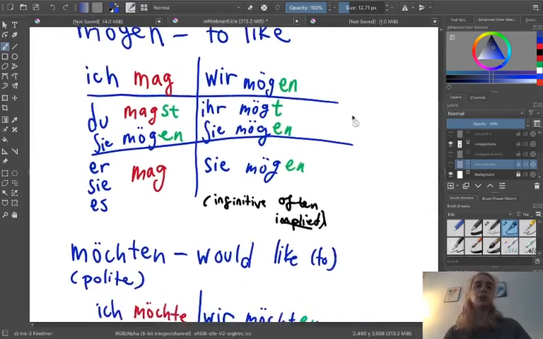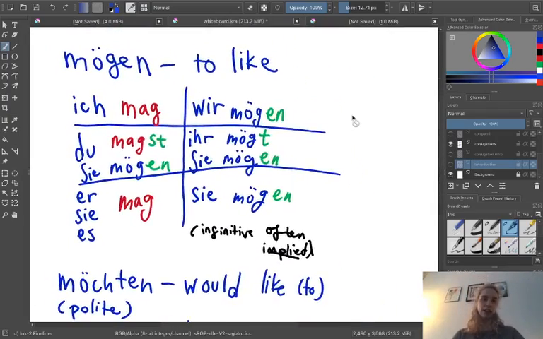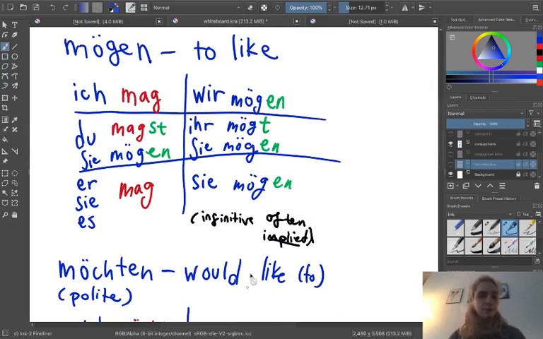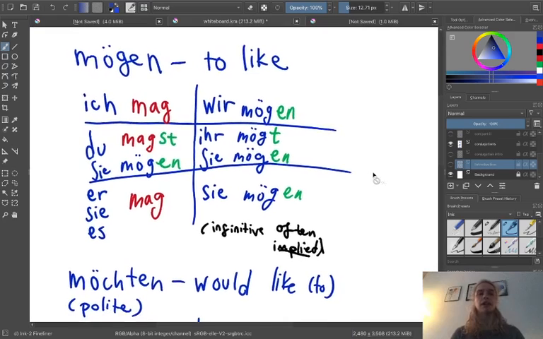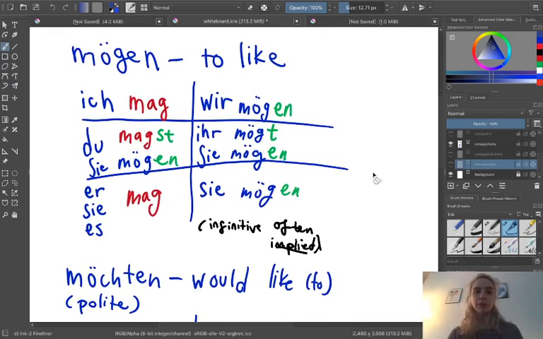So beginning with the ones that we started with in class, and I noted here, again, the infinitive is often implied in this case. I'd say more often than not with mögen. We have the irregular ich form with the stem vowel change, ich mag, and er/sie/es mag. So it's going to be exactly the same.